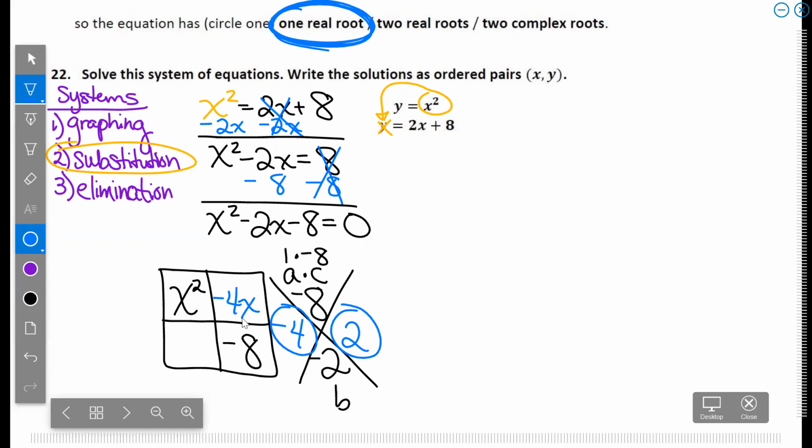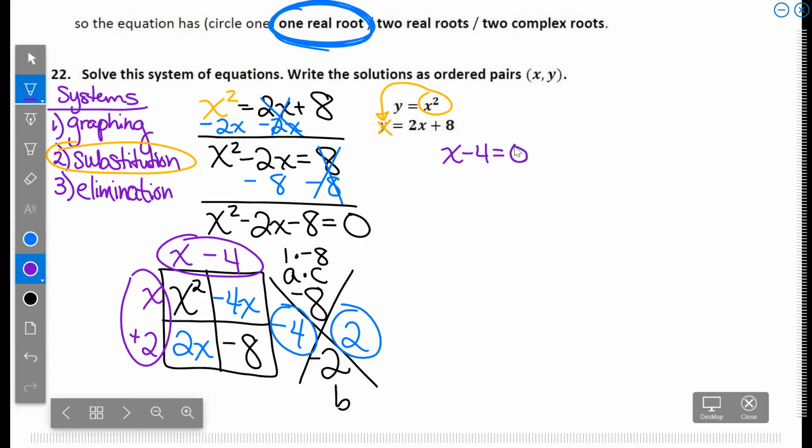So -4x, +2x. So x minus 4, x plus 2. We were asked for solutions here, so I need to take those and set them each equal to 0. So x minus 4 equals 0. X plus 2 equals 0. So what are my x's?